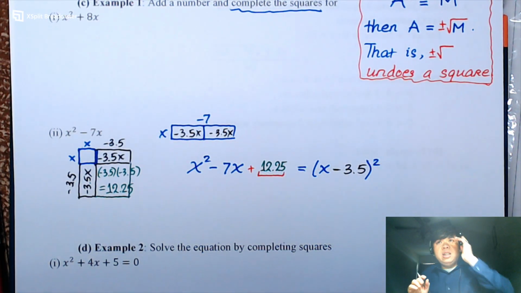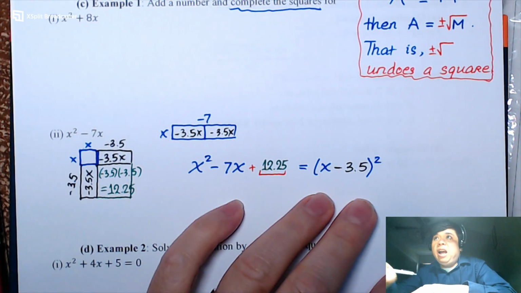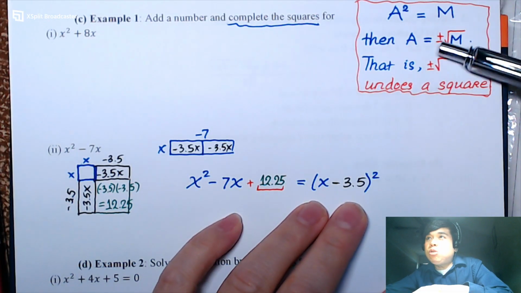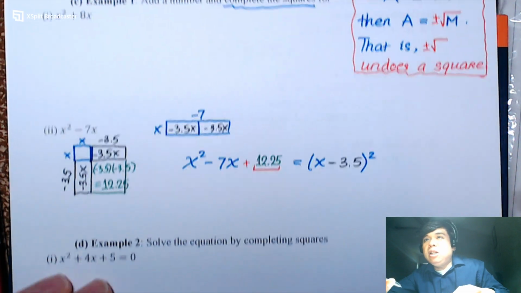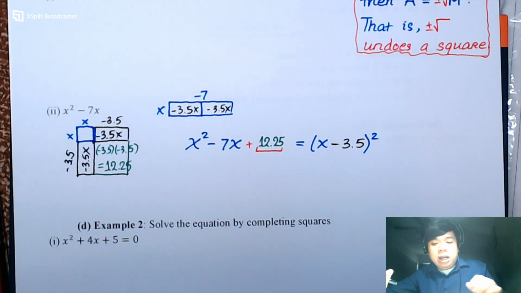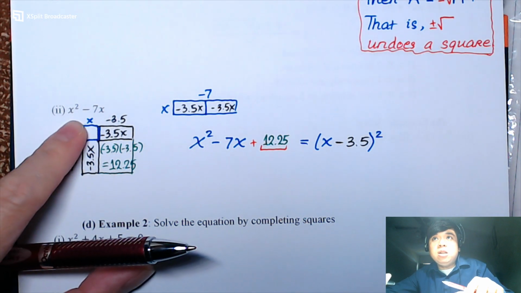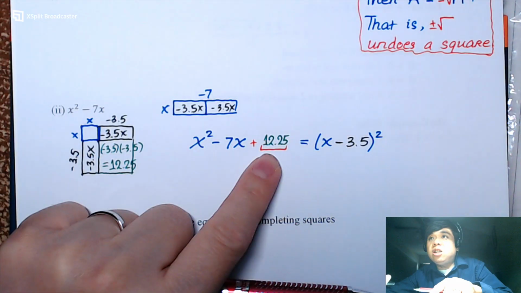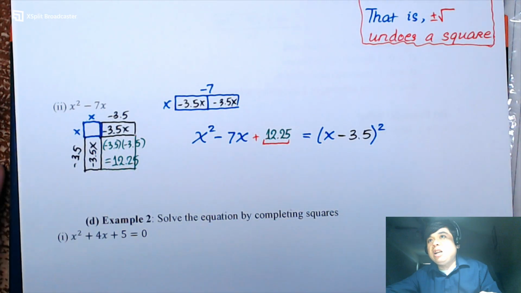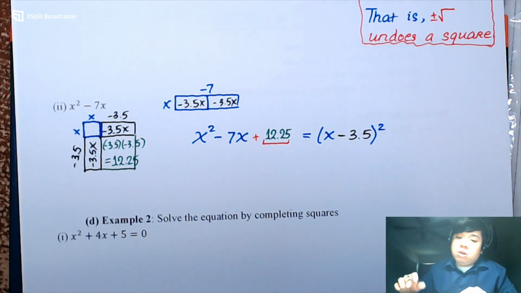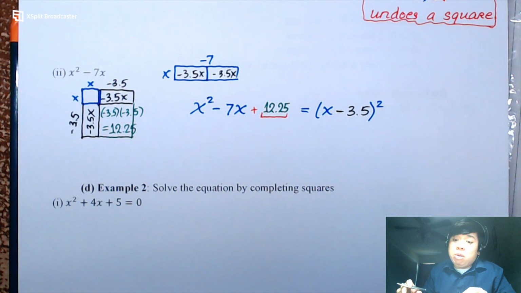So with that, we make a square out of this. And to get rid of the square, we use plus or minus square root. But that will come in later. And we have two terms. We determine the third term to make it a square. So that is the steps to complete the square.